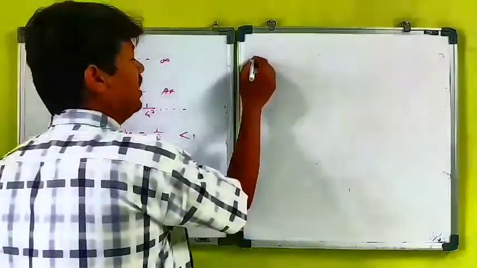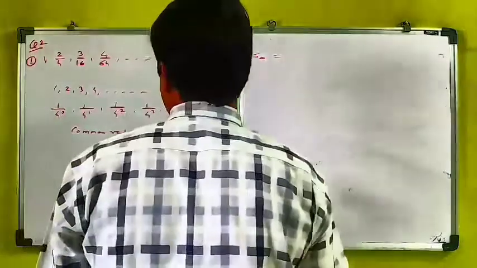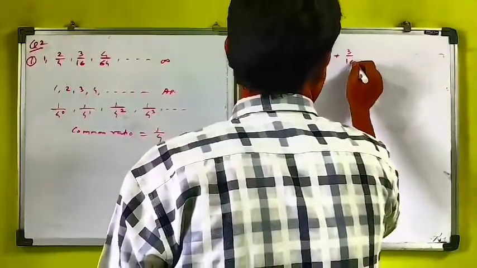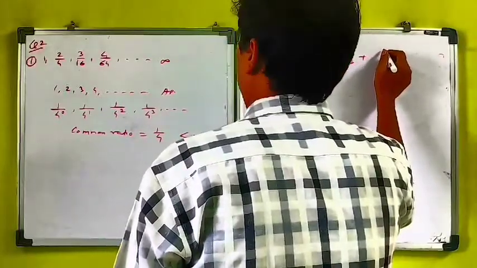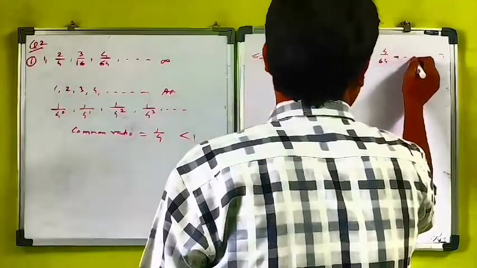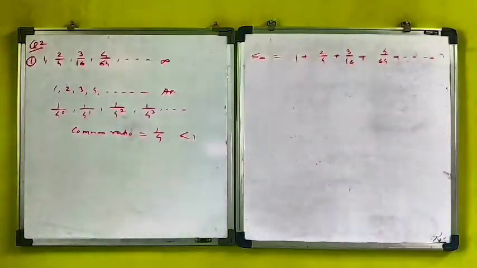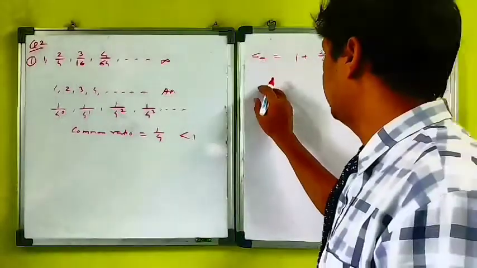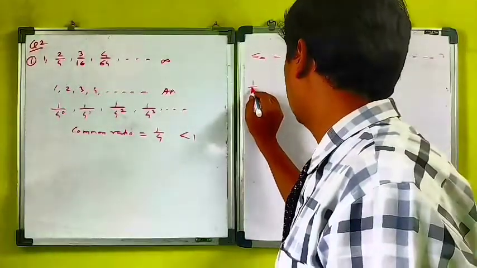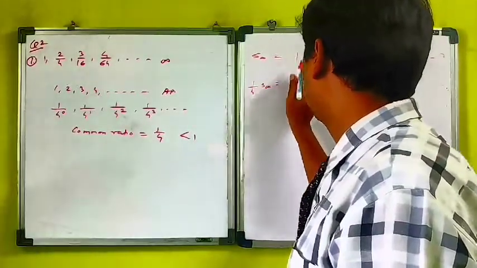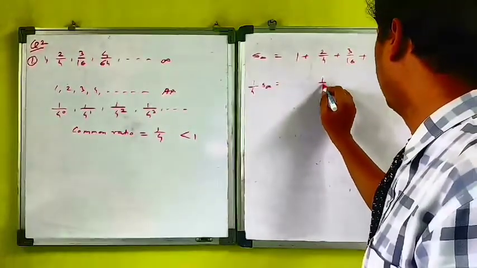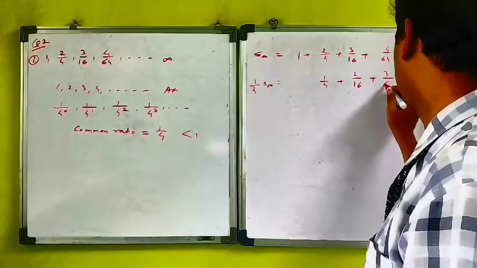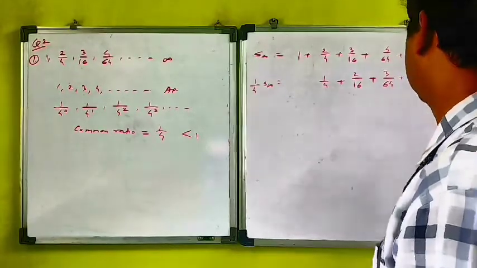So the sum of the infinite series is equal to 1 plus 2 by 4 plus 3 by 16 plus 4 by 64, like this, to infinity. So when it is infinity, the method is that we multiply S infinity with the common ratio, so it is 1 upon 4, then 2 upon 16, then 3 upon 64, like this.